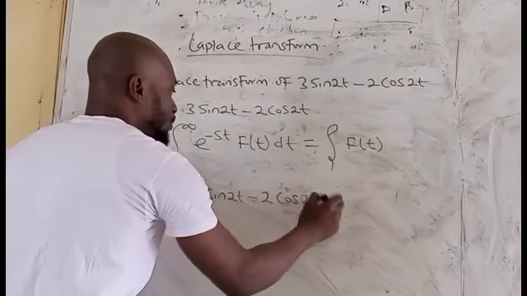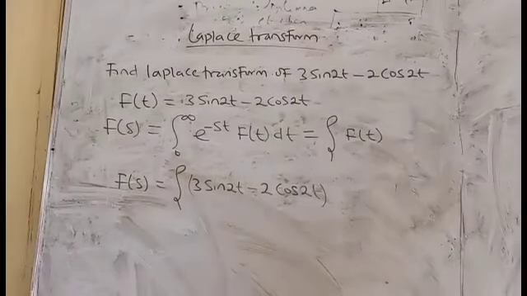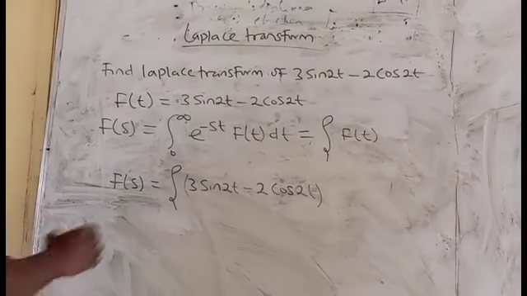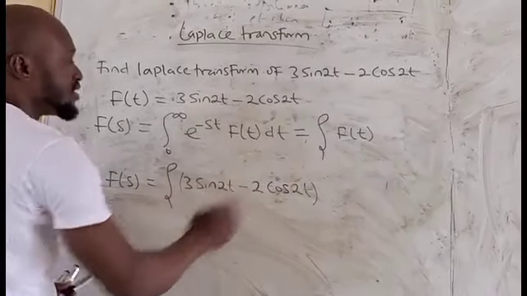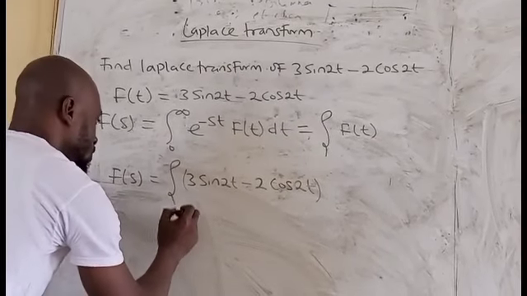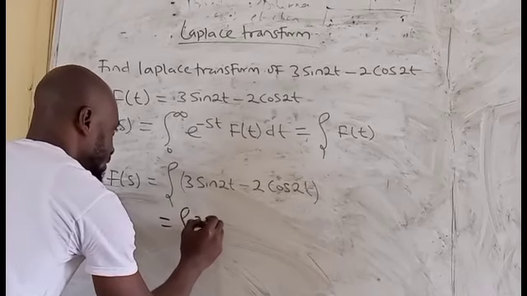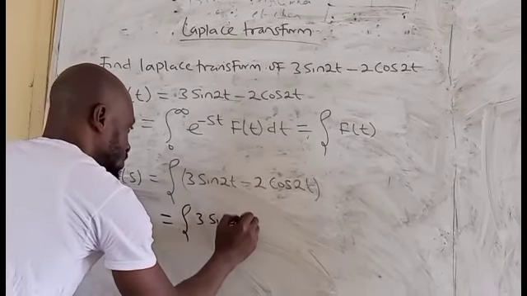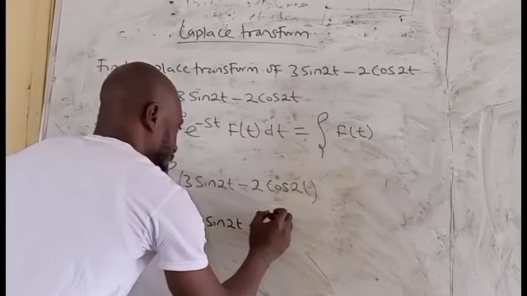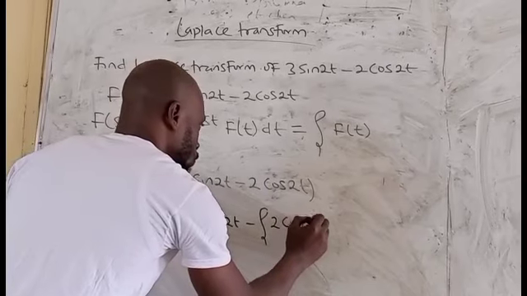I'm going to multiply it by the Laplace symbol. We use this Laplace symbol to open up this bracket. So it will now be the Laplace transform of 3 sine 2t minus the Laplace transform of 2 cos 2t.